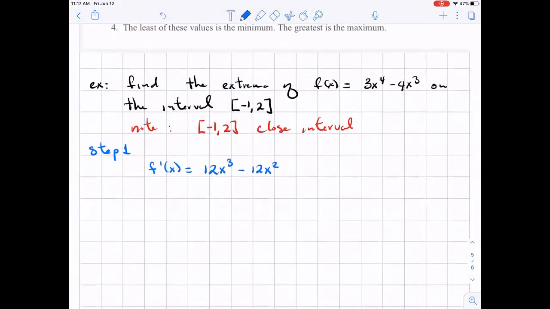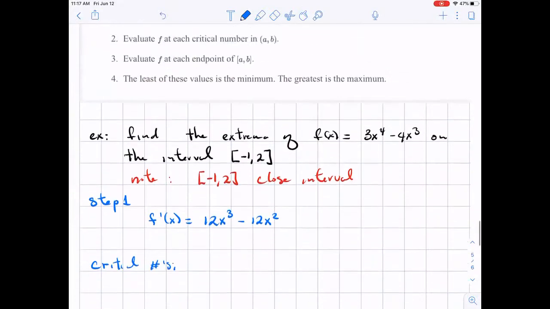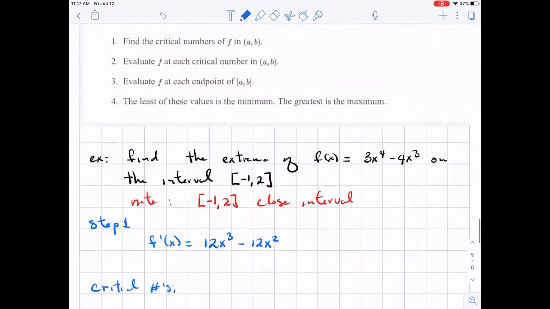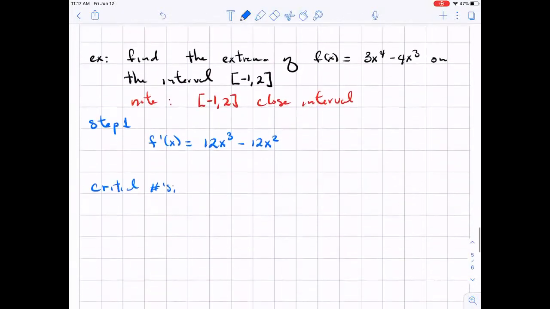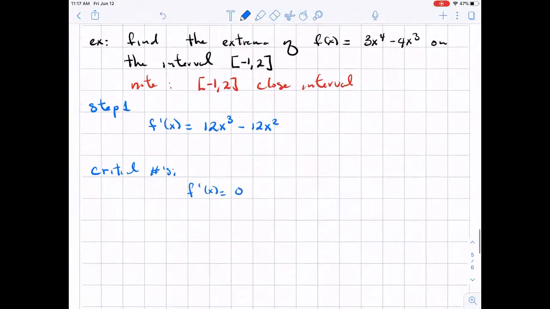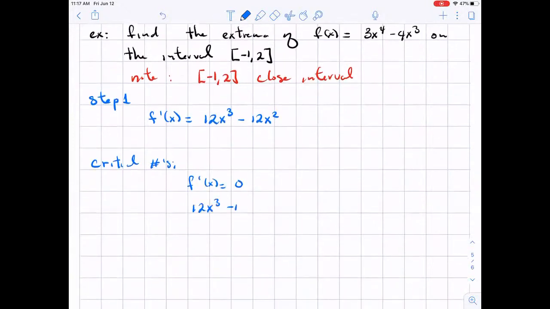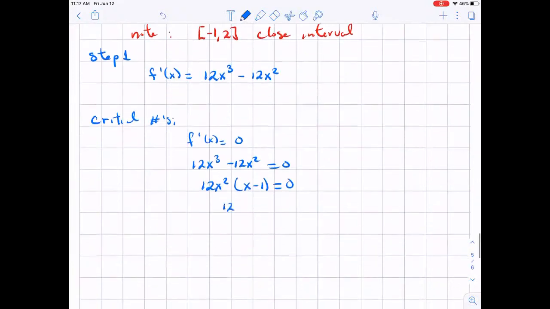And now we find the critical numbers, which is f prime of x equal to 0. This means that 12x cubed minus 12x squared is equal to 0. We can factor out 12x squared, leaving us with x minus 1 equals 0. So 12x squared is equal to 0, and x minus 1 is equal to 0. So x is equal to 0, and x is equal to 1.